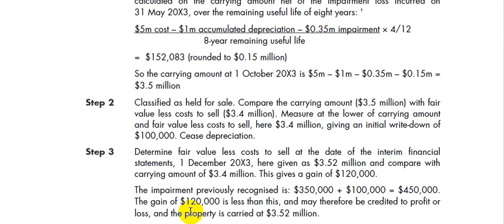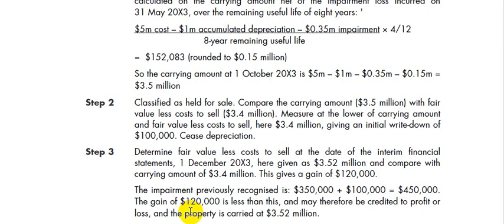This gain of 120, we'll write it off first against the cumulative impairment.